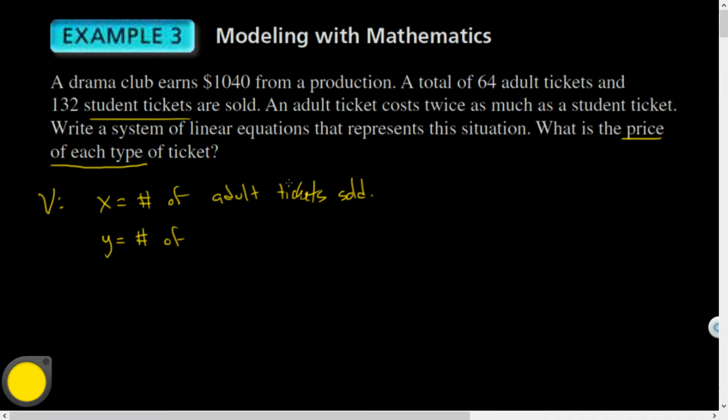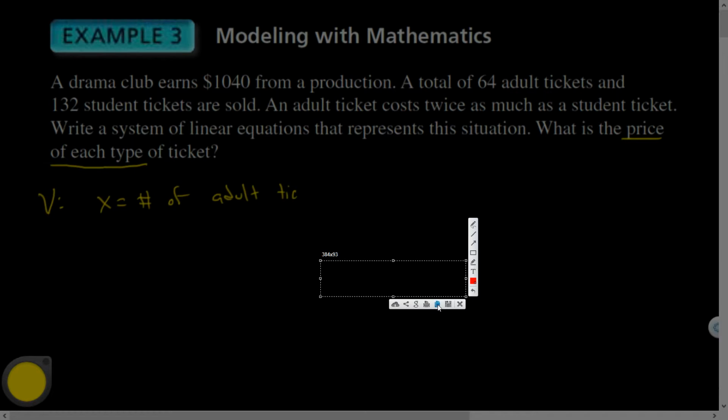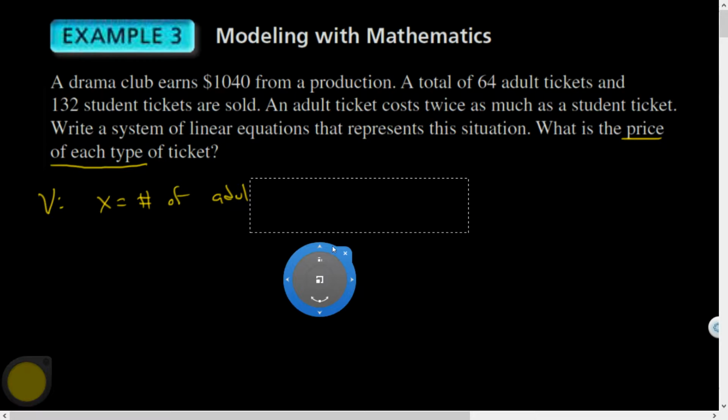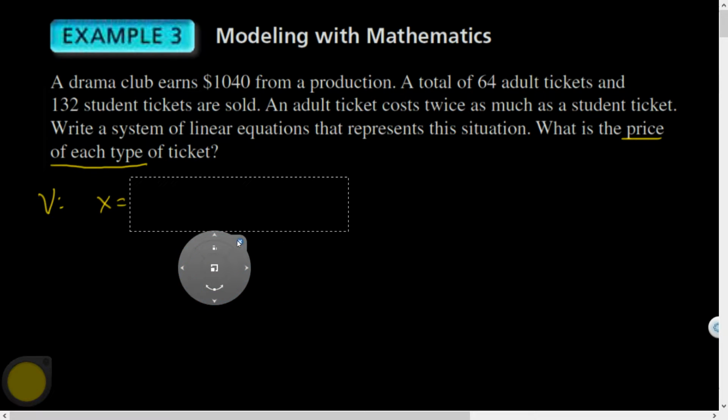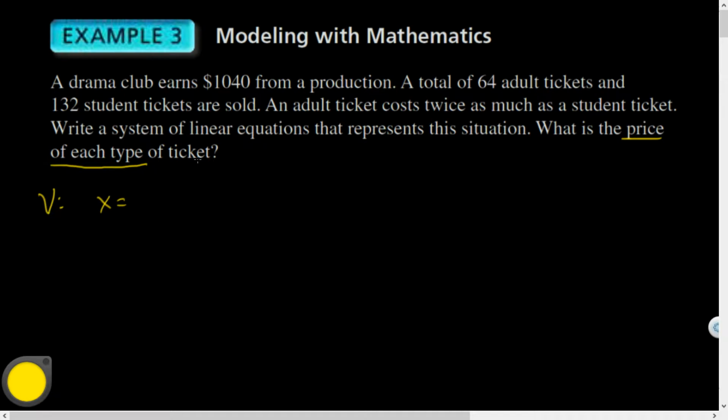Oh, sorry. I lied. These aren't going to be the number of tickets. It said price. I ran out of undos. I've got the craziest way to have to erase things.